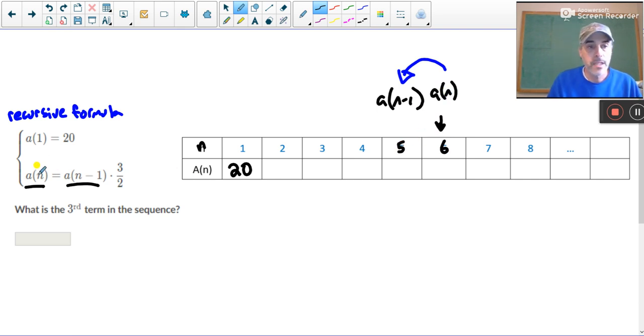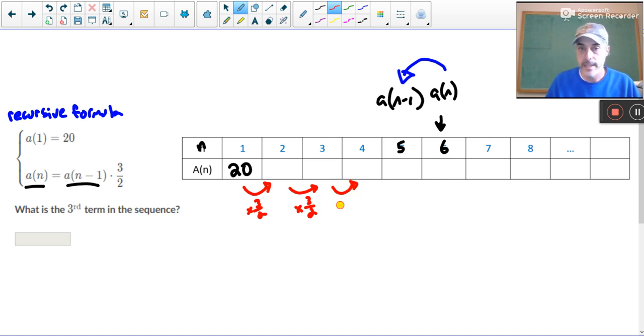So I'm reading this as a new term is equal to the previous term times 3 over 2. And so that's telling me to think of this as times 3 over 2 over and over and over again. We call that our common ratio, or we can call it the constant multiplier.